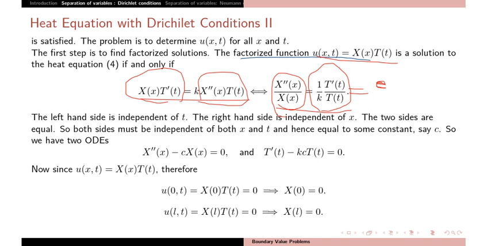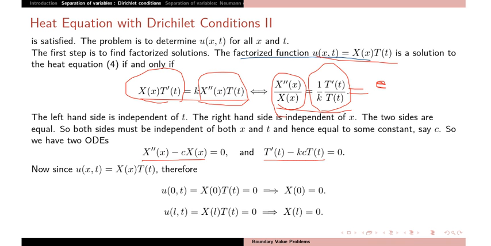Since x and t are independent variables, if both sides are equal, we have to write a constant.